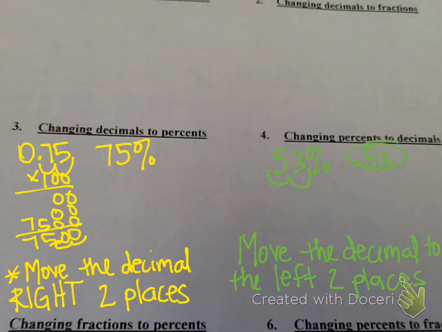Or if I had, let's say, 2.7%, I would still move 2 places to the left and get 0.027 as my decimal. So wherever the decimal is, if we have to add zeros, that's okay.